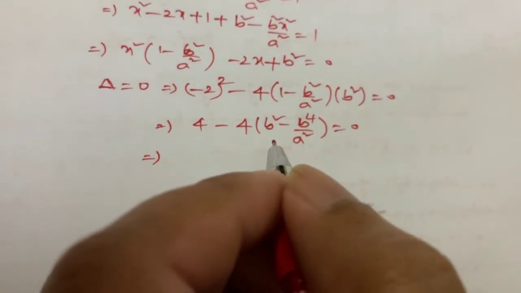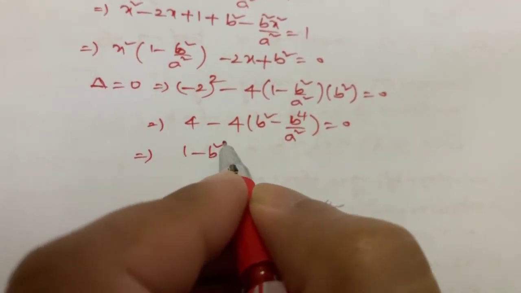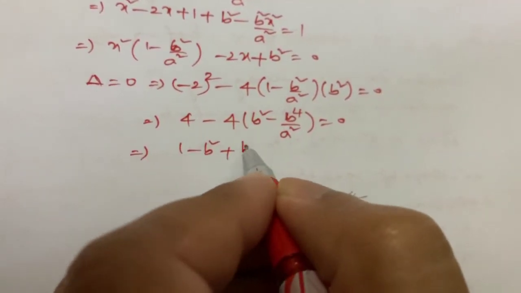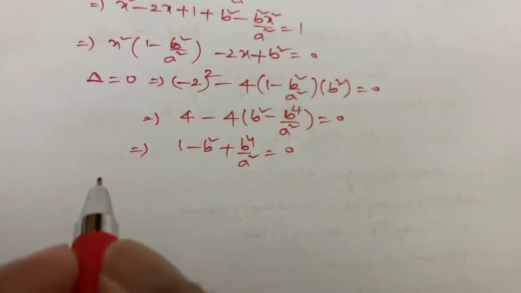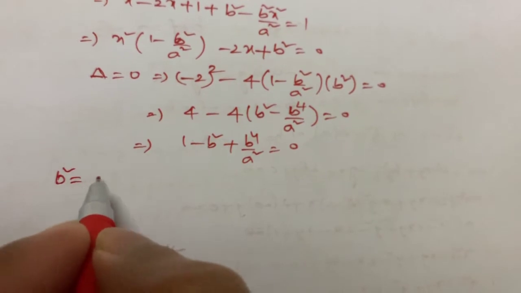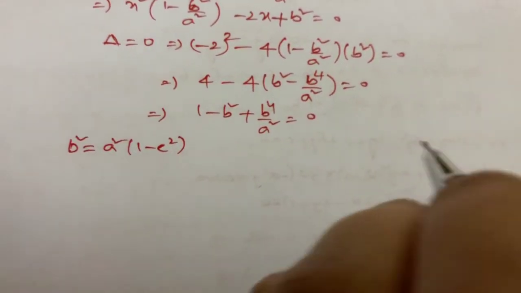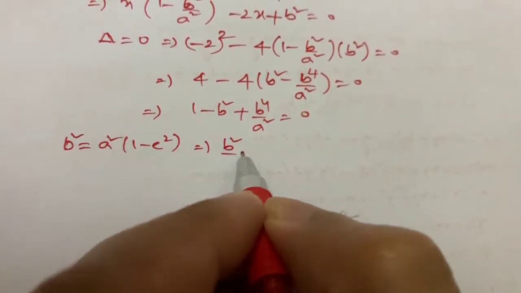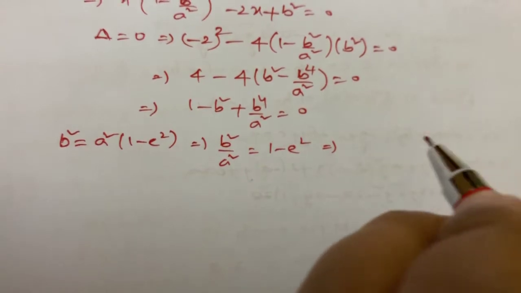So it will be 1 − b² + b⁴/a² = 0. So here we know that b² is equal to a²(1 − e²). So b²/a² is equal to 1 − e².